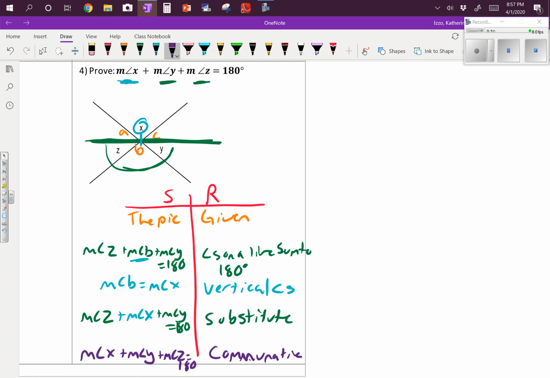So if you want to, that is a step. However, the Regents considers that an optional step. I don't think it's optional, personally, because I'm very OCD. So really, if you leave out the fact that the picture is given, this is a 3-step proof. One of the shortest proofs we've done, but also one of the trickiest.